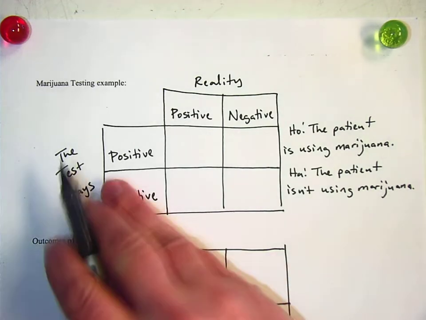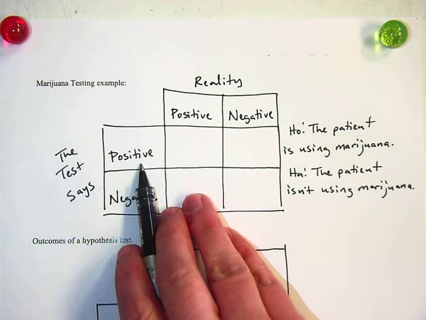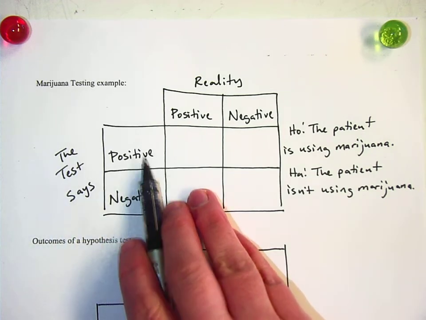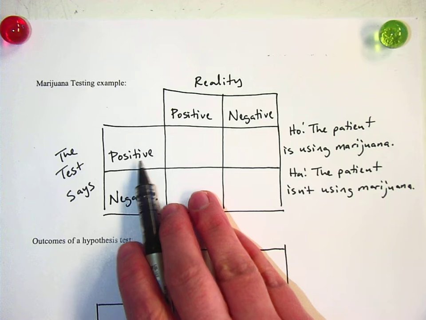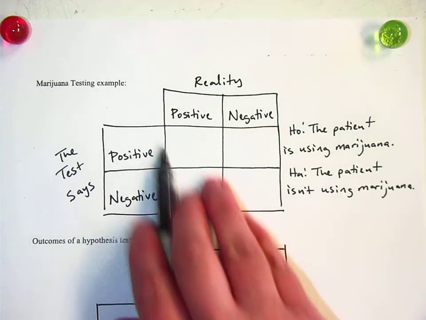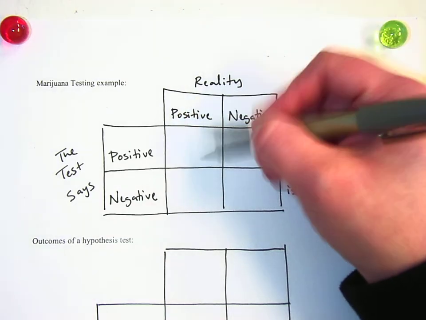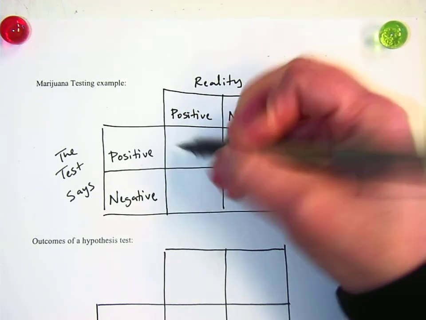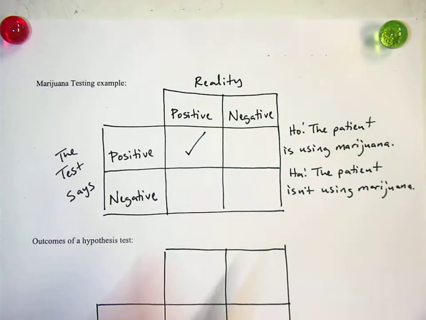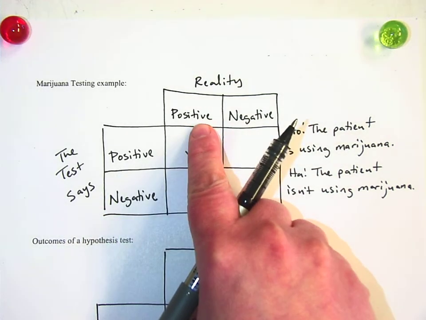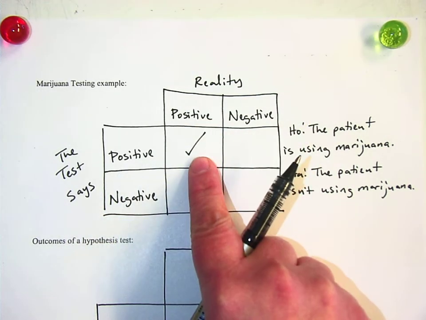So if the test says that they are positive for THC in their system, and in reality, they should have been positive because they were using marijuana, that's a good test. That means that the test shows that it's positive, and truly they had been using marijuana. Your test works.